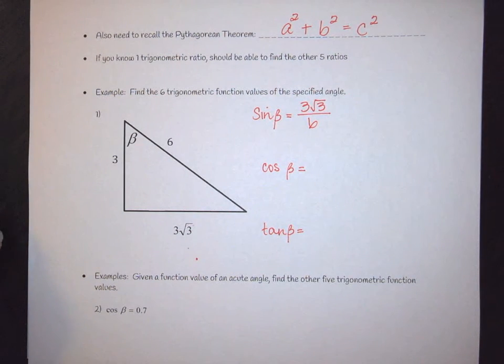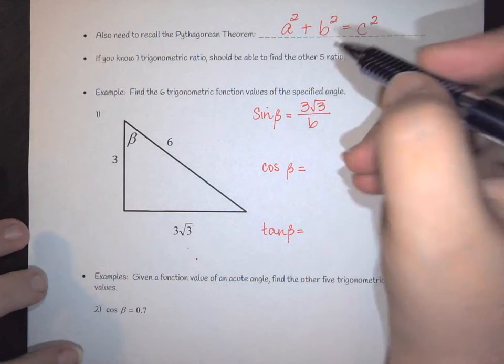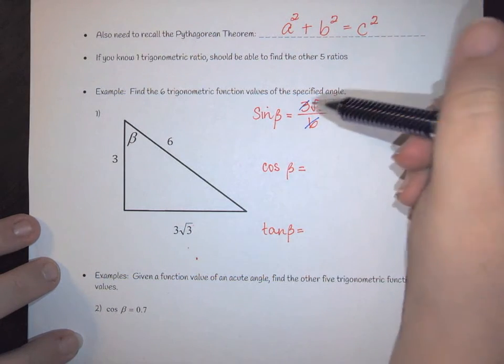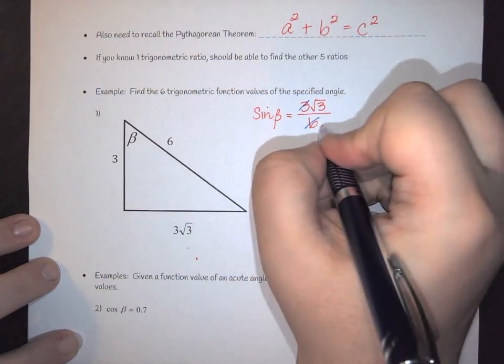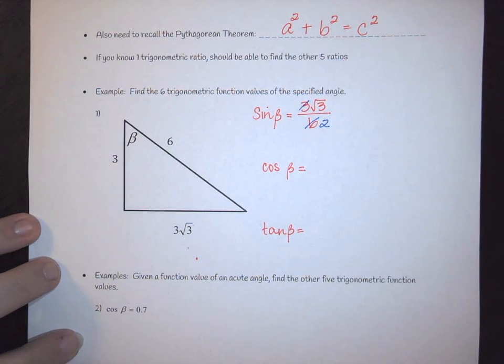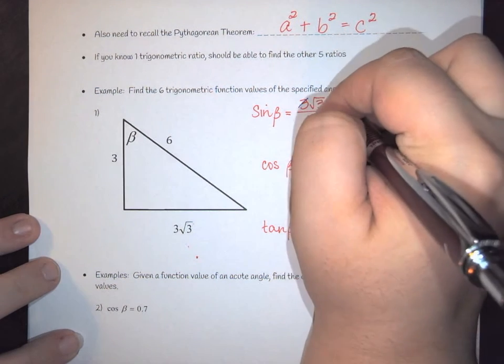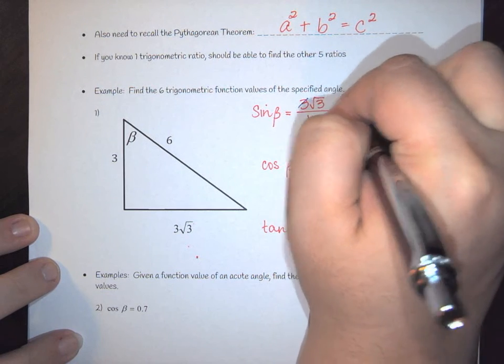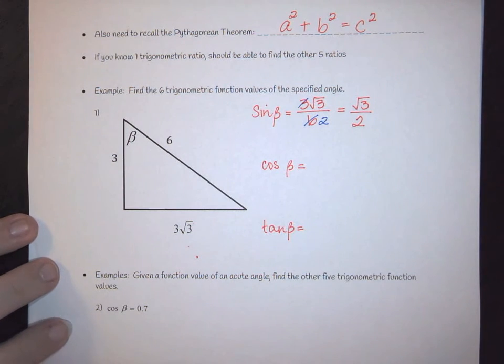The biggest thing you always have to remember is you must reduce as far as you can. We know that 3 and 6 are going to reduce. 3 goes away and leaves 2 behind. So technically, my sine of beta is going to be the square root of 3 over 2.